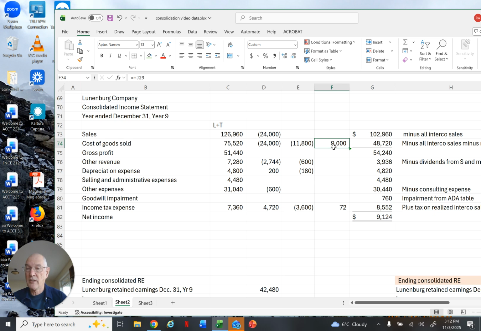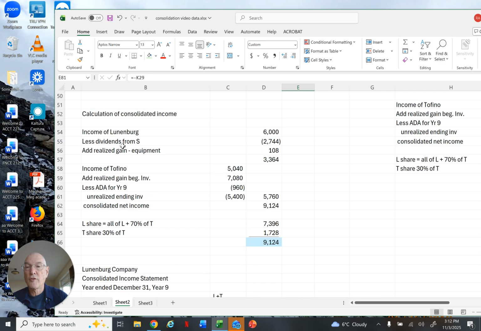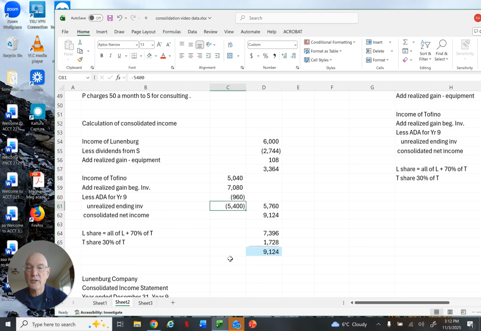But if we're not going to let ourselves have the profit, we don't want to incur the tax expense. So under your income tax expense line, we're going to take away the tax that goes with the 9,000. So at 40%, that's the tax. And I'm not going to show you again in the intercompany sale area, but basically it was 9,000 less 3,600. And what we did is over here, we took away the net in our calculation.